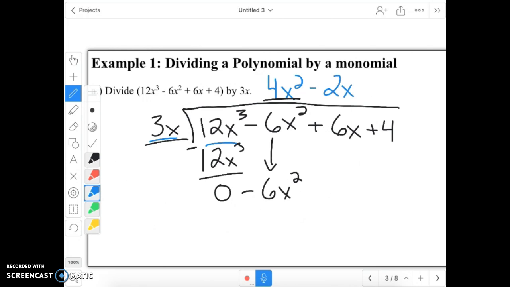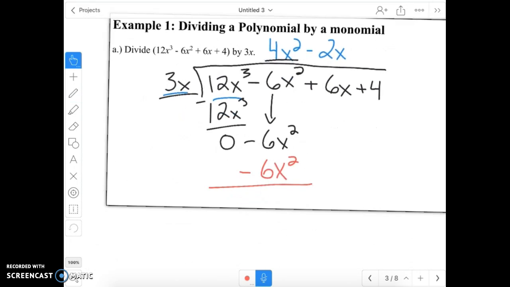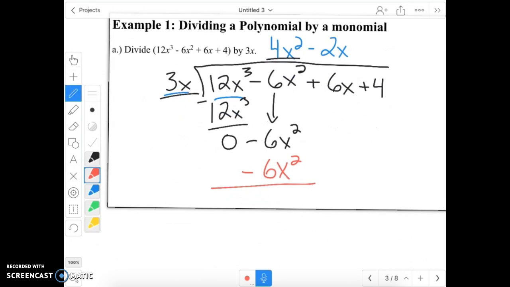So if I multiply negative 2x times 3x, we should get negative 6x squared. And again, you'll notice right now both of those are negative, but I haven't subtracted yet. So when I subtract, that's actually going to turn that into a plus. So I have negative 6x squared plus 6x squared, so we get another 0.